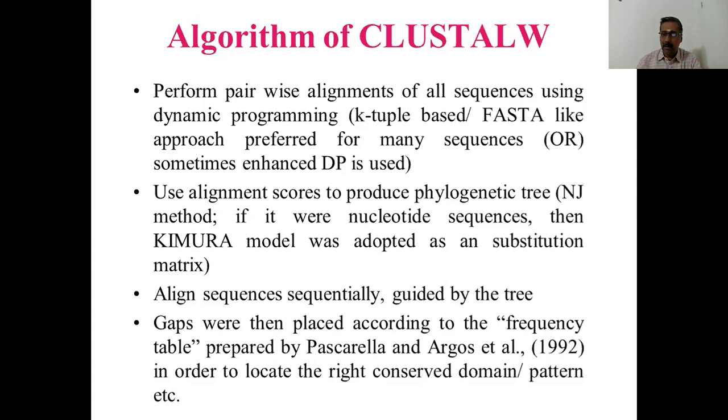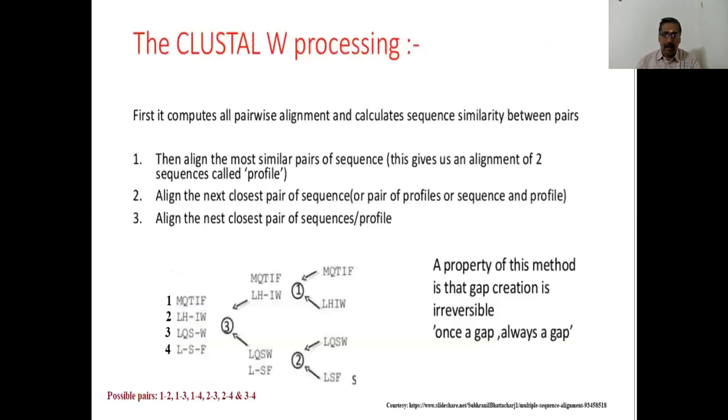That is the speciality of the NJ method. So we will use the NJ method and predict a phylogenetic tree. Now the result of the phylogenetic tree should be exactly similar to the initially constructed multiple sequence alignment, right?